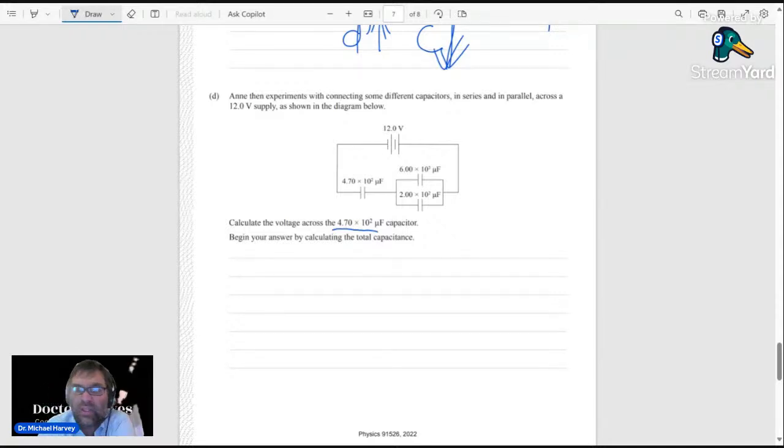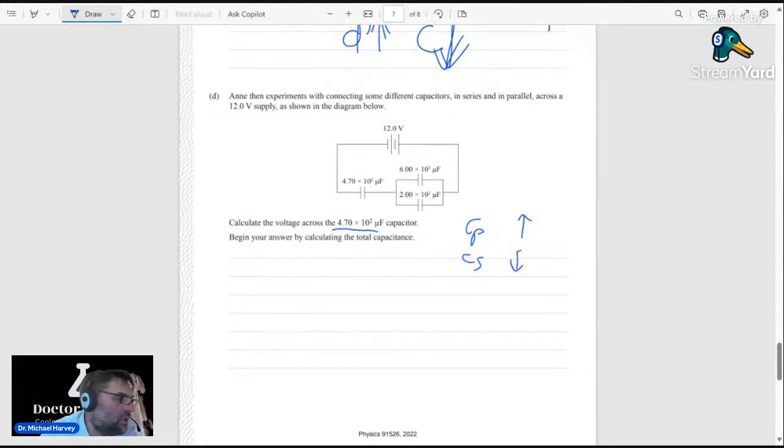The funny thing with capacitors in parallel compared to in series: in parallel, the more you add, the more the capacitance goes up, whereas in series, the more you add, the capacitance goes down. It's the opposite of resistors.